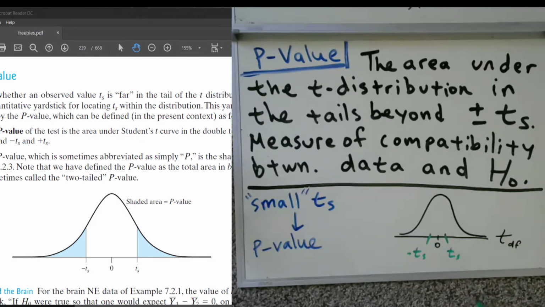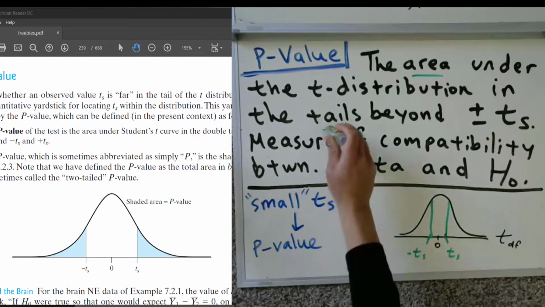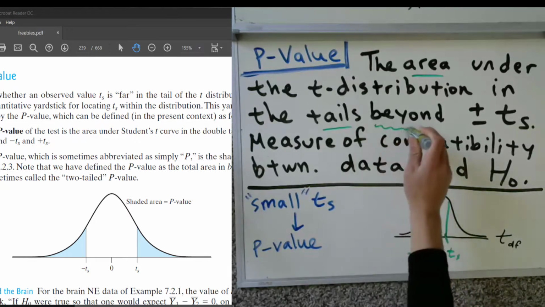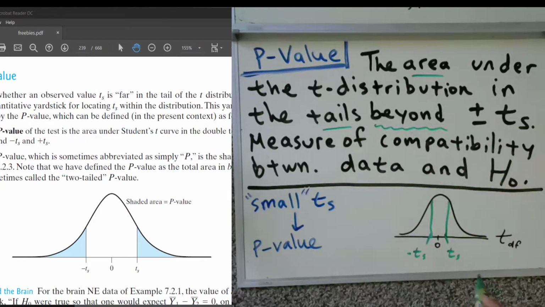Because this example of a test statistic is near zero, and this p-value is the area in the tails beyond your test statistic, and it is in both tails. Since this test statistic is near zero, this would be a fairly large area, right?